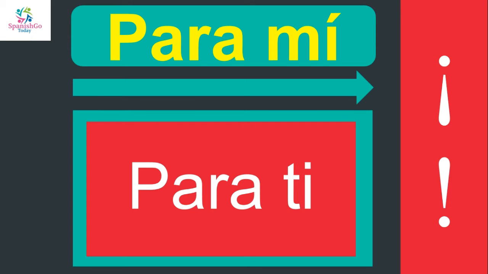Para, which is the word for, is spelt P-A-R-A, and me is M-I with an accent. And you, T-I, ti, para ti.